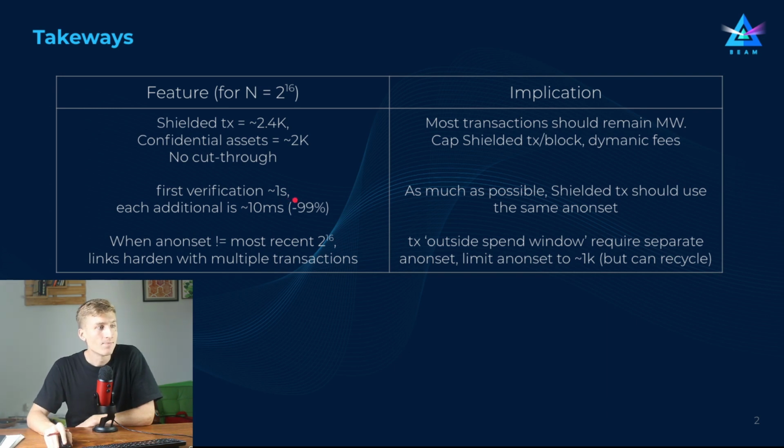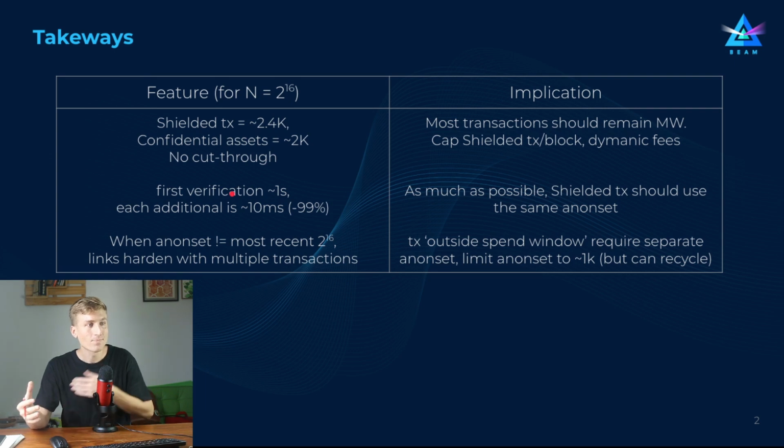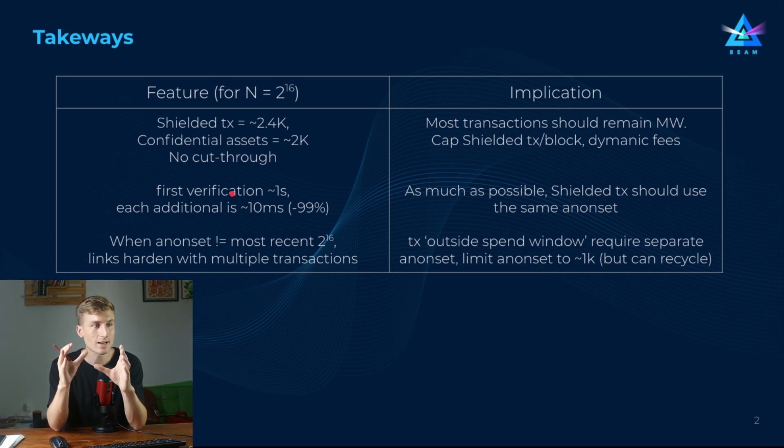However, the designers expect that there's going to be thousands or maybe even tens of thousands shielded transactions per day. So there would only be 65,000 new shielded transactions about every week or 2 weeks. So if your anonymity set is the most recent 65,000, it will only work with shielded outputs that are less than a couple weeks old.